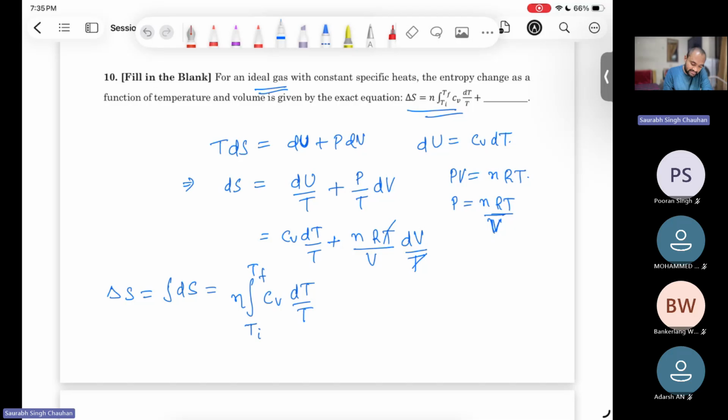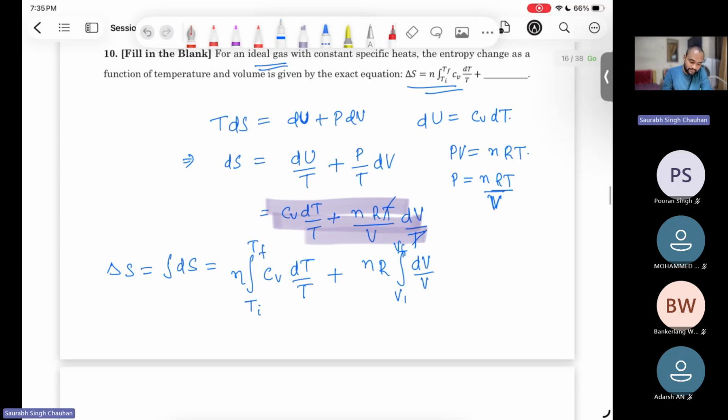I am just integrating this thing. Plus integration of this nR dV by V, integration from Vi to Vf.